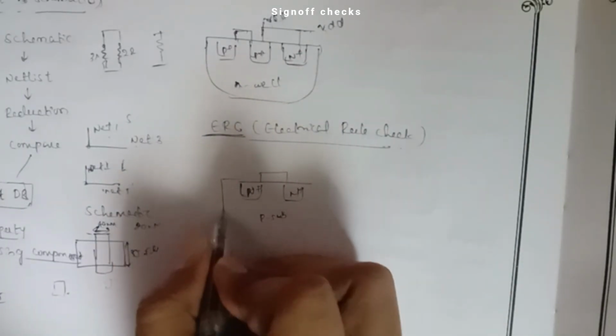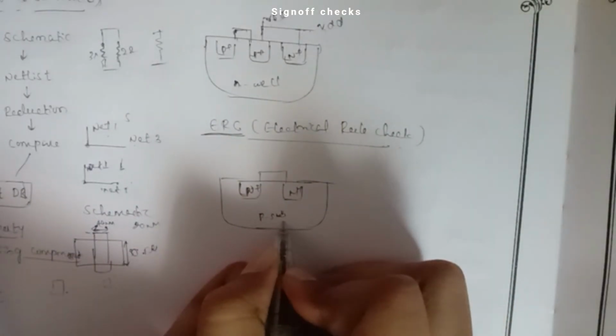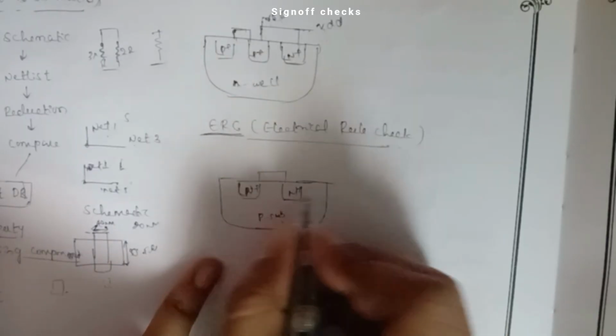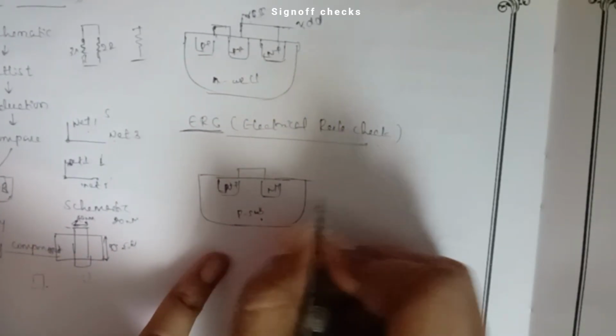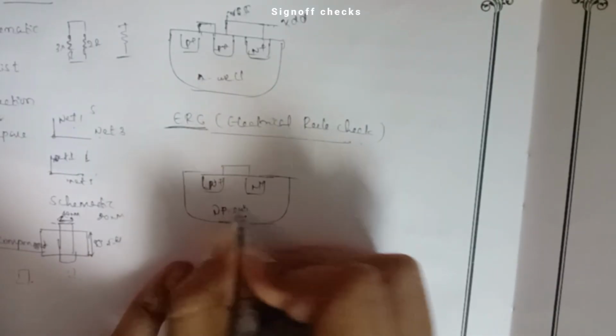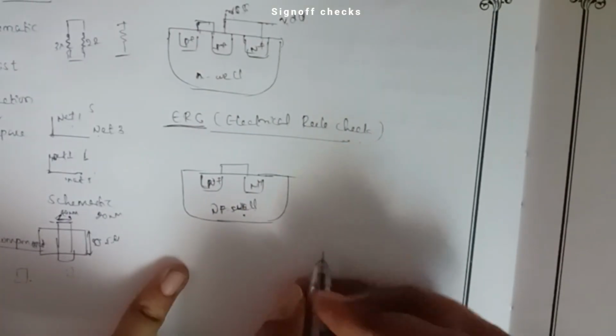But always NMOS should be in P substrate and PMOS should be in N substrate. But if, in the case of NMOS, we give NVL, then it is electrically incorrect.